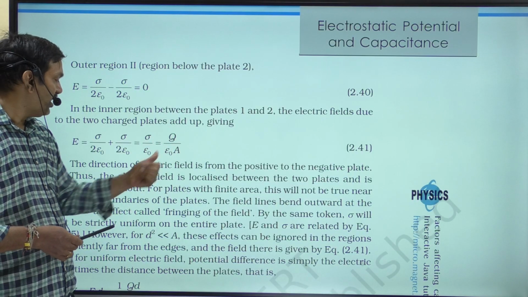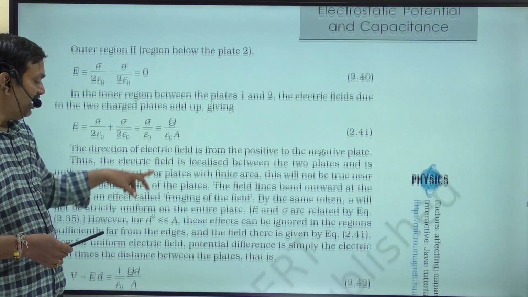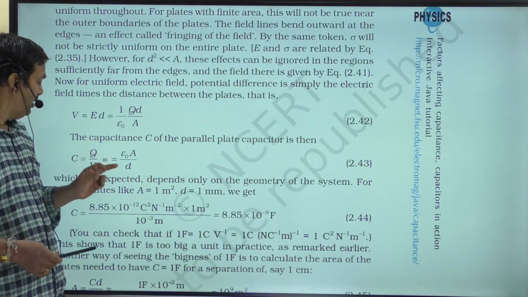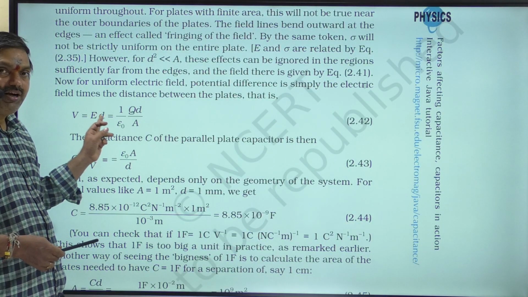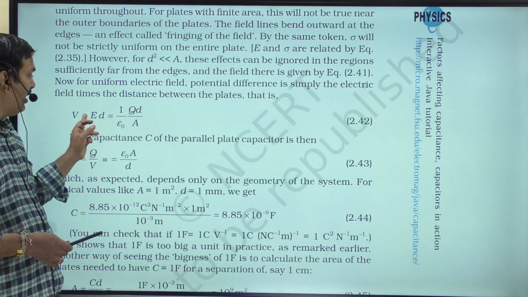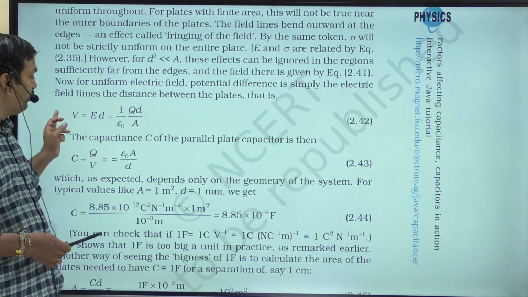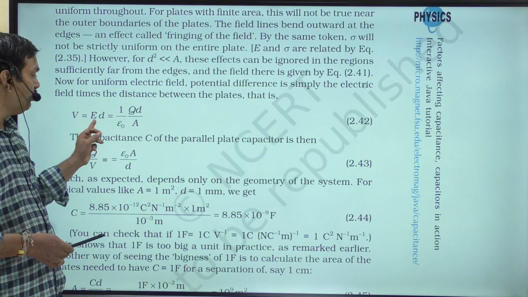So Q by epsilon naught A becomes our electric field. And finally, in order to derive this, V is going to be ED. As I told you, the electric field is the negative gradient of the electric potential. So V is equal to ED.